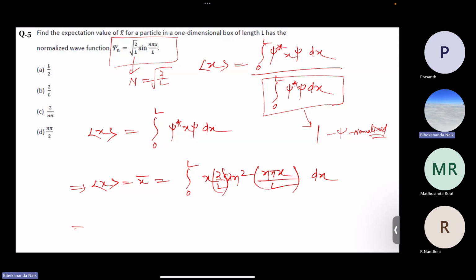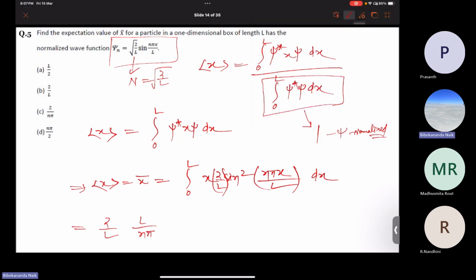Sorry, there will be a change of parameter here before we take the integration. Let u equal n pi x by L. Then du will be n pi by L into dx.